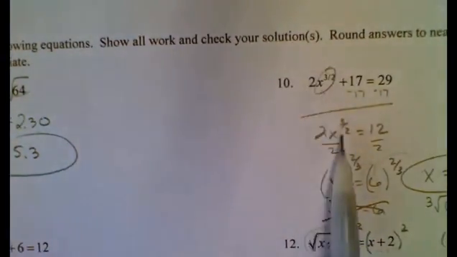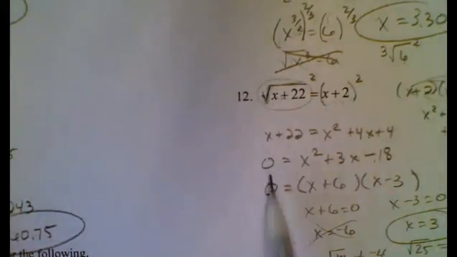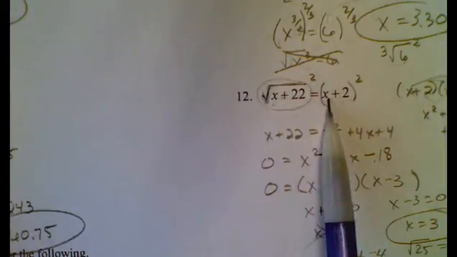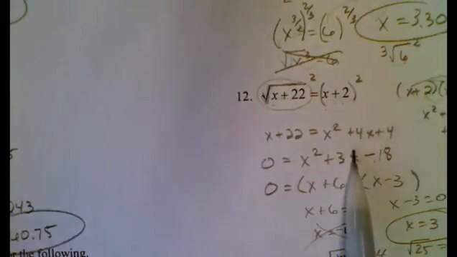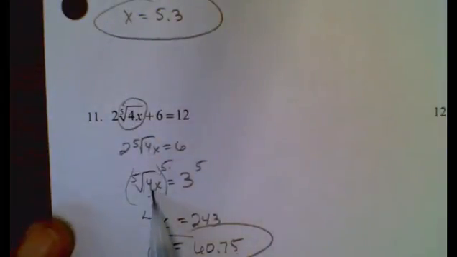Okay? So again, with all of these, you're always making sure you get the base by itself. No matter what it looks like, you always want to get the base or the root by itself. Then you undo it. If it's a square root, you square both sides. Now, if you have a binomial, you have to square that whole side. To get rid of a 5th root, once we got it by itself, we raise to the 5th power.